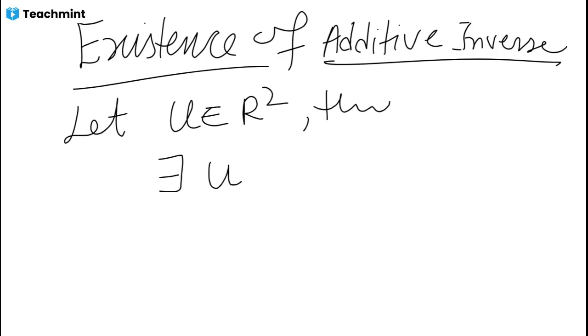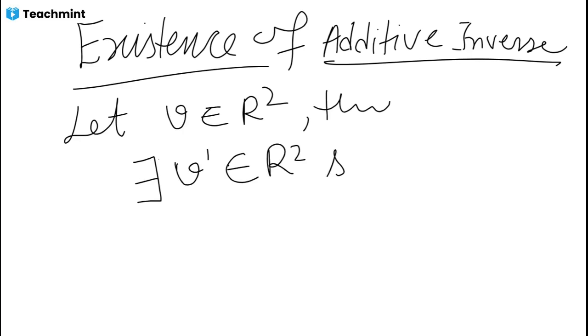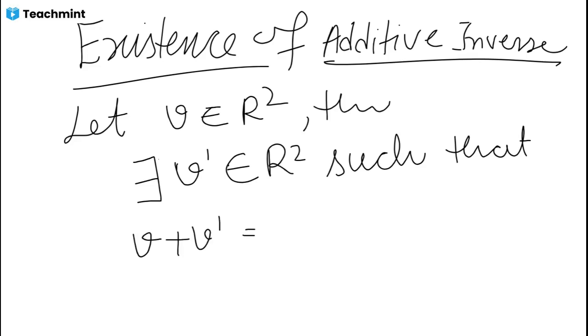You can take any V belonging to R2, and there exists another element V dash belonging to R2, such that V plus V dash is equal to the zero vector.